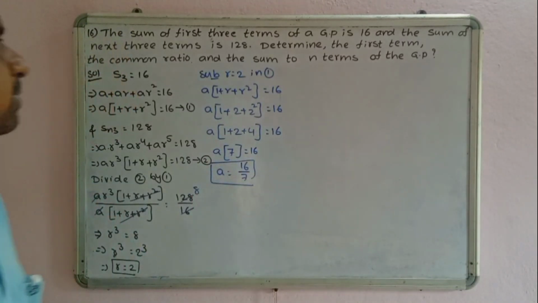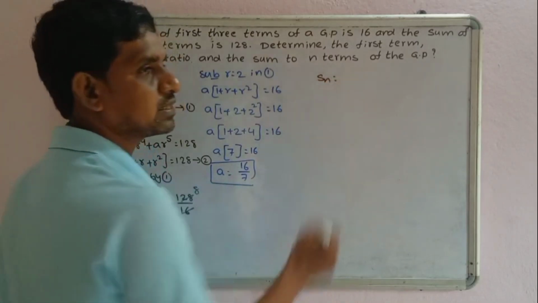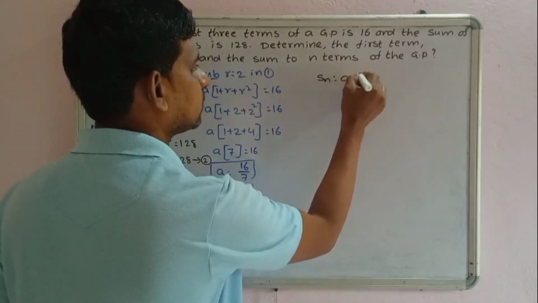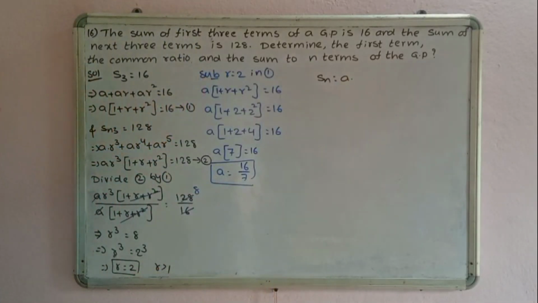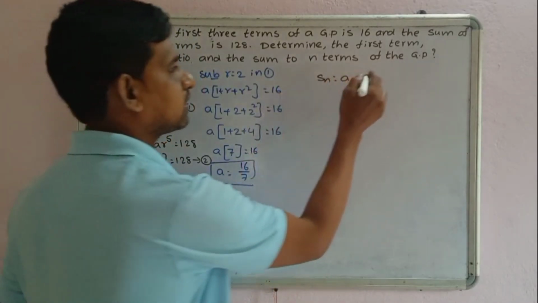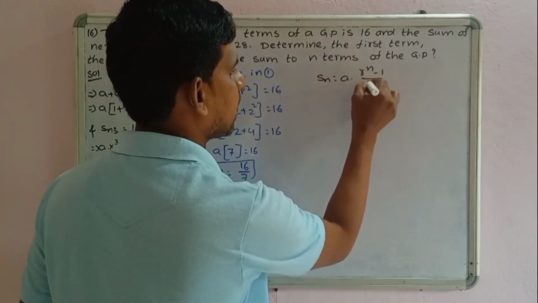Now we will find the sum of n terms, that means Sn. What is the Sn formula? Observe that here r is greater than 1. So if r is greater than 1, Sn equals a into (r power n minus 1) by (r minus 1).